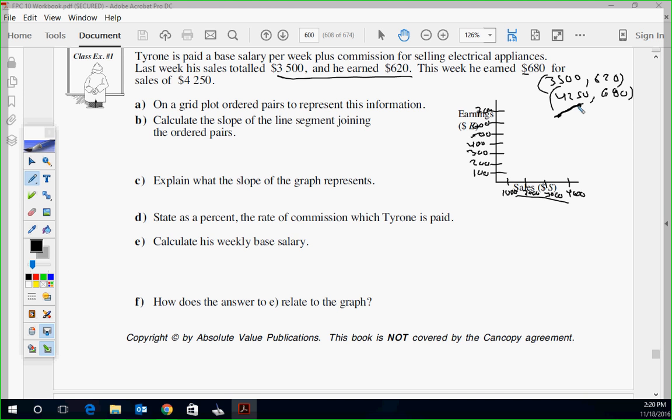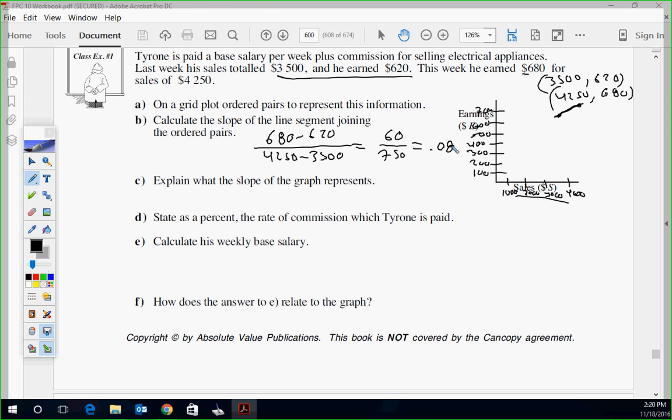Now we're going to calculate the slope. We have 2 points. 680 minus 620 over 4,250 minus 3,500 gives me 60 over 750, which I think gives me 0.08. Can anybody tell me what that represents?